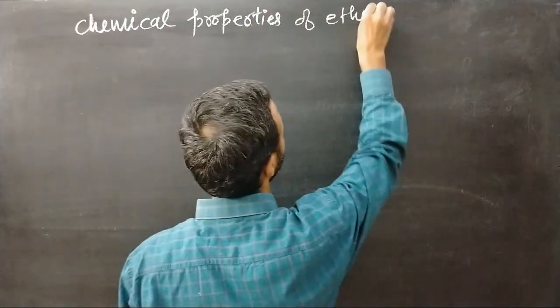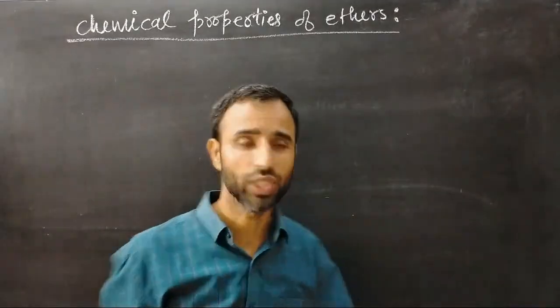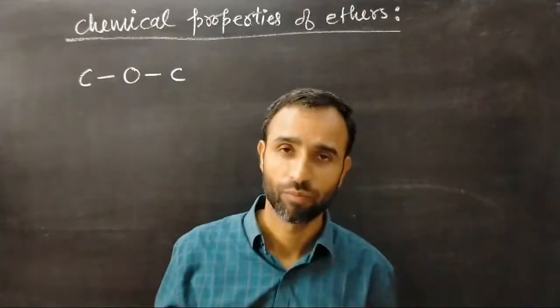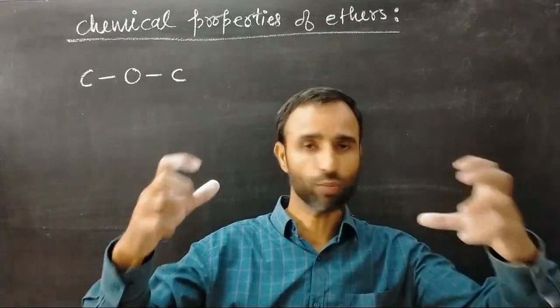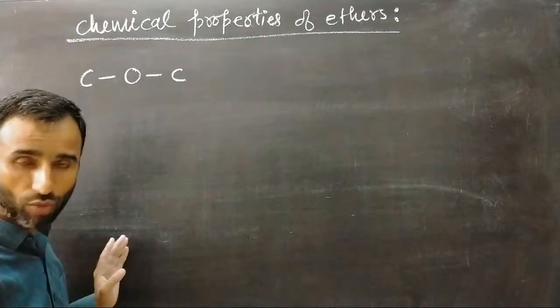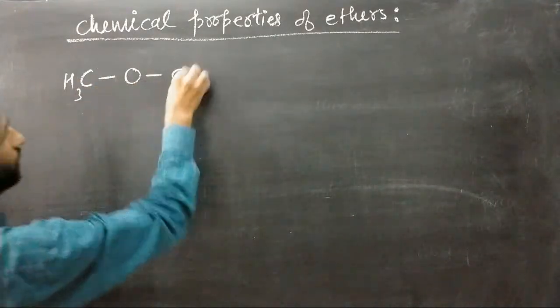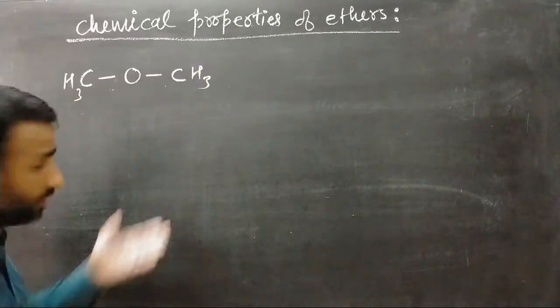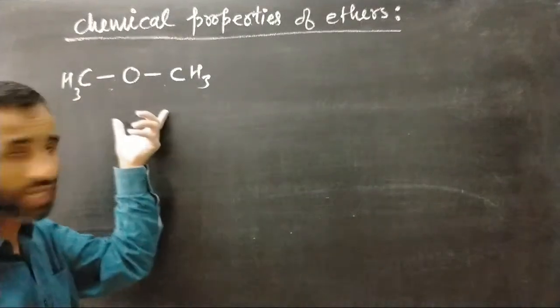So chemical properties, ethers have the C-O bond on both sides, because O is surrounded by alkyl groups, so obviously there is carbon on both sides of oxygen, like the simple ether, the first member of the ether family, dimethyl ether.